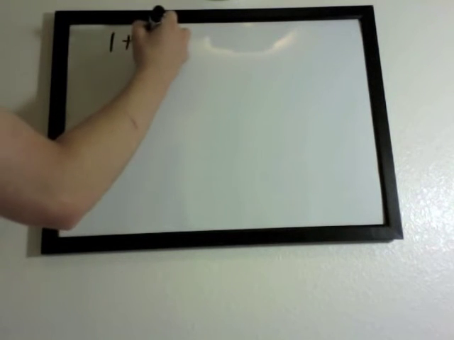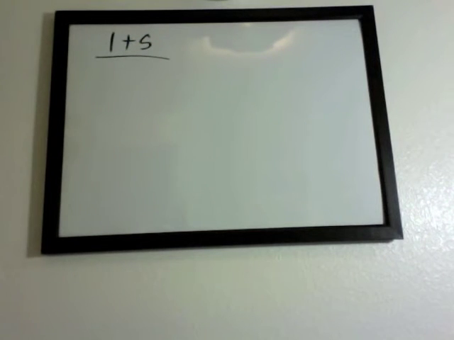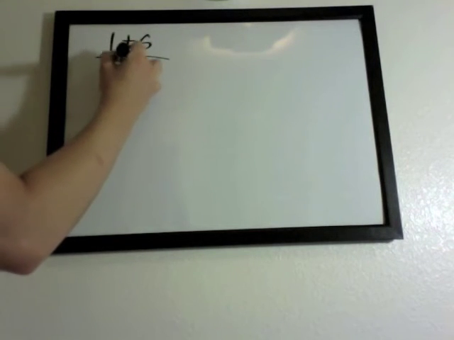Let's talk about things that you shouldn't do when you're canceling fractions. Say we have 1 plus 5 over 5 plus 2.